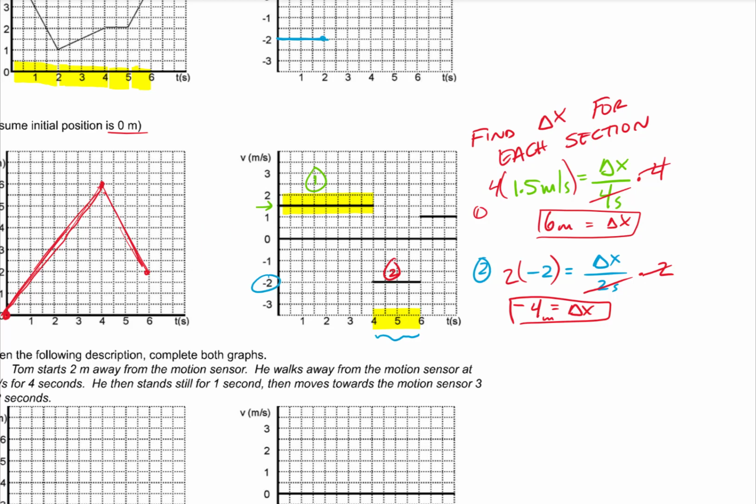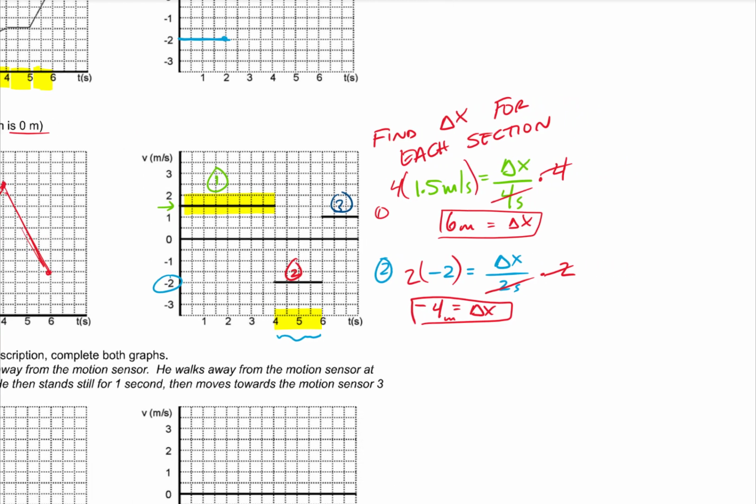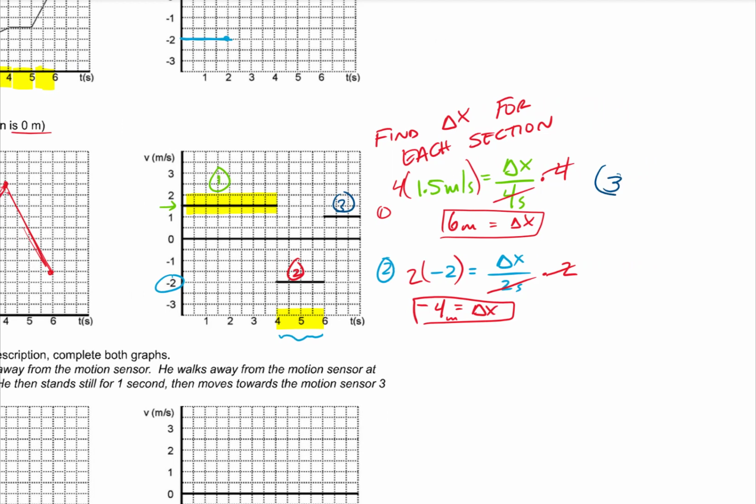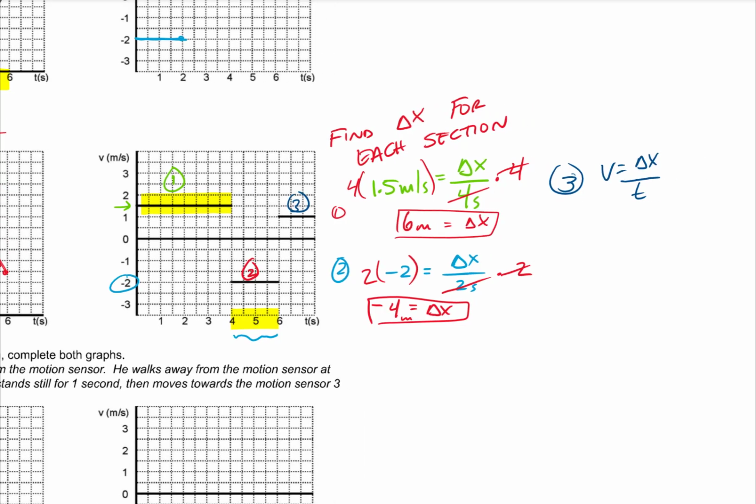And then for the last chunk, chunk number 3, we're going to do the same thing. I know that velocity is delta x over time. So my velocity for that last chunk is 1 meter per second. That's equal to delta x over, we go from 6 to 7.5, 1.5 seconds. So that delta x, multiply both sides by 1.5.